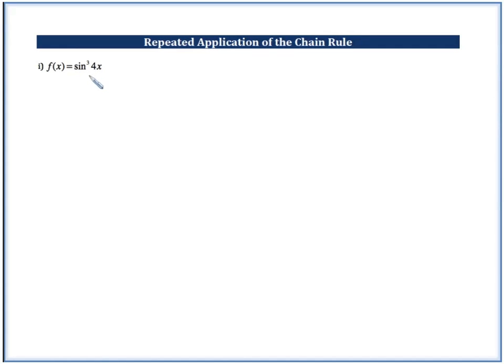Alright, in our first example, we have f of x equals sine cubed of 4x. So let's go ahead and rewrite this using our exponent on the outside of this. So this would be the sine of 4x, cubed.